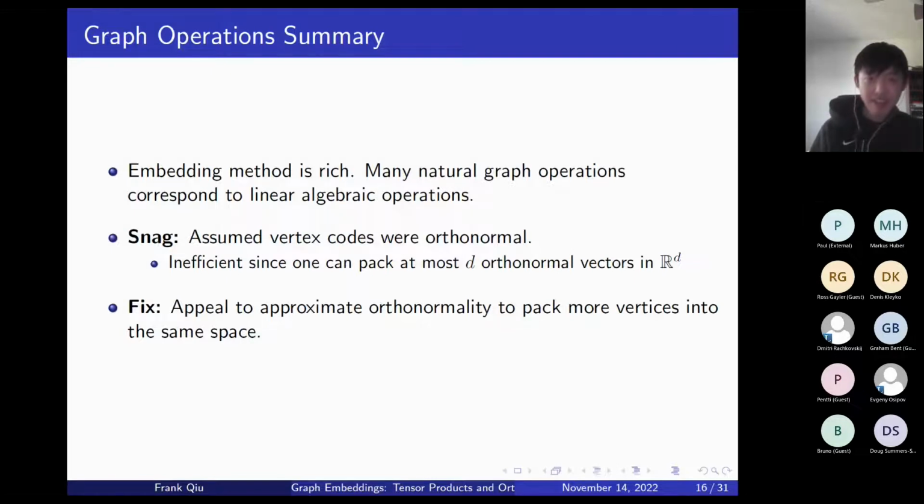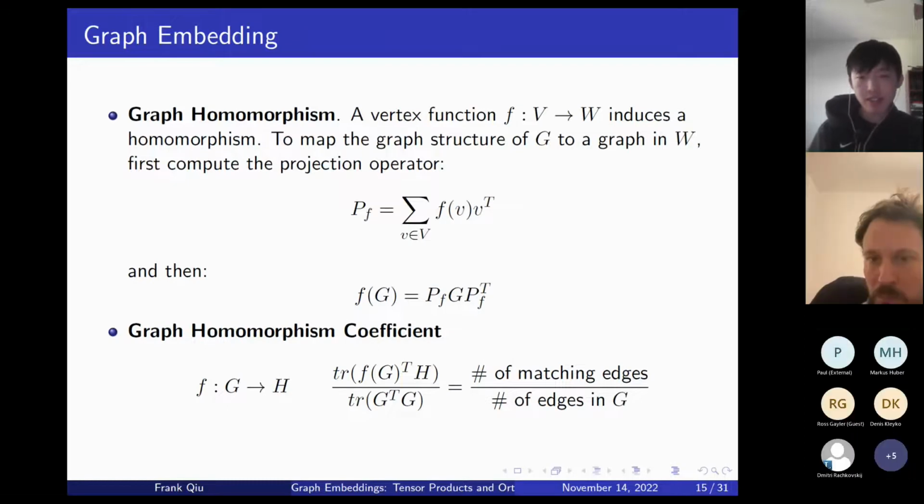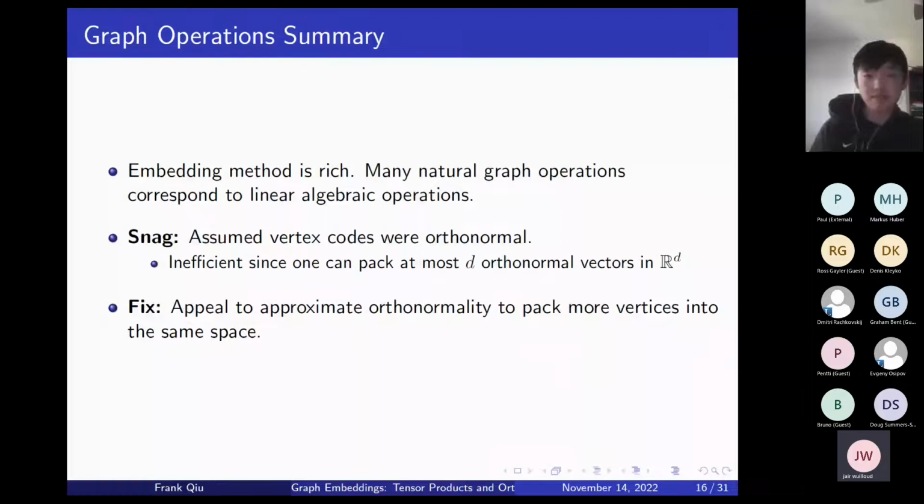We did assume that the vertex codes were orthonormal, so many of these graph operations hinged on the vertex codes being orthonormal, so things could cancel out. However, this is inefficient, since we can pack at most d orthonormal vectors in a d-dimensional space. So what's the fix? Instead, we appeal to approximate orthonormality, which actually allows us to pack exponentially more vertices into the same space.